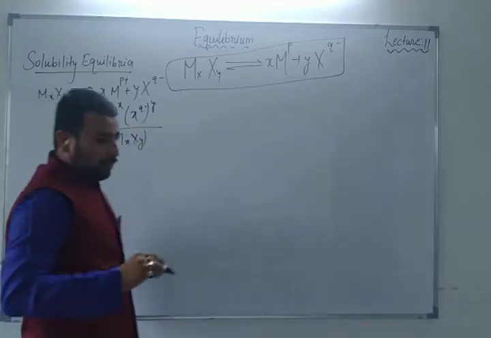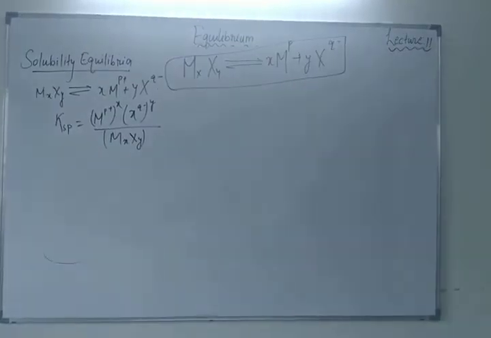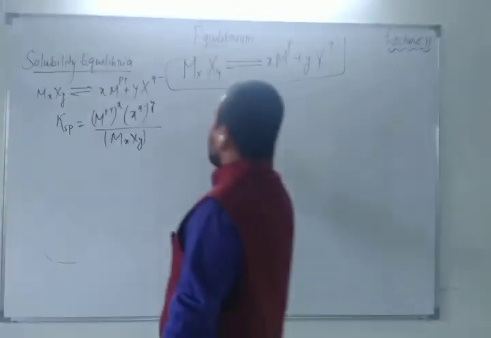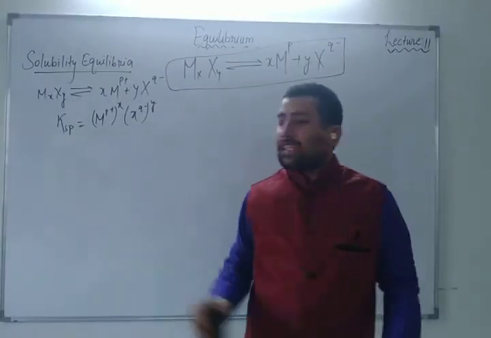Is it right or wrong? But for a sparingly soluble salt, we don't have to write the denominator, as we wrote for barium sulfate, so we can easily write like this.